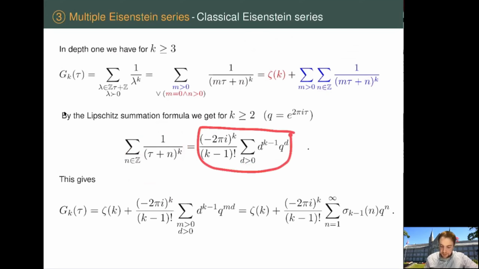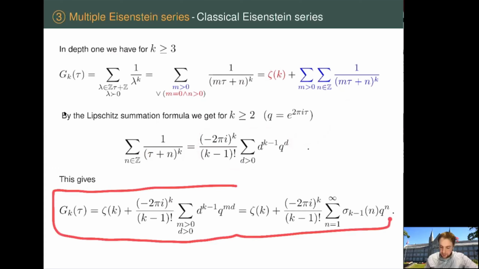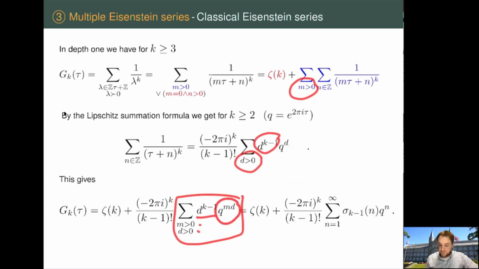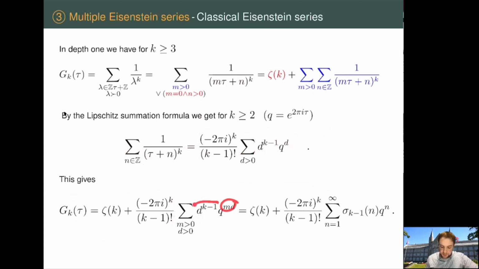If I plug this in here, where I also replace τ by mτ, then I get exactly what we saw at the beginning, namely that the Fourier expansion of this Eisenstein series is given by this sum. Here I sum over all positive m and all positive d, and I sum up d^{k-1} in front of q^{md}. Therefore, the coefficient of q^n is the sum over all its divisors raised to the k-1 power.